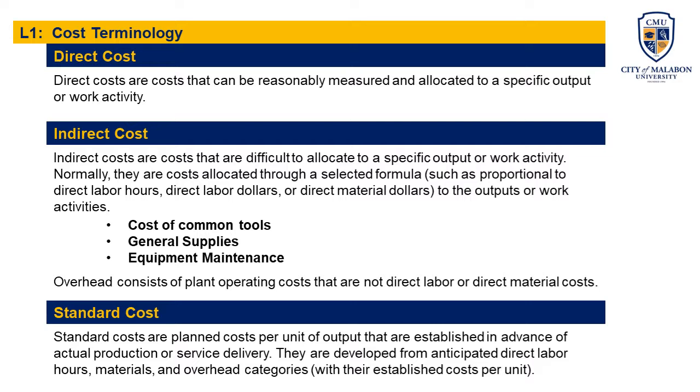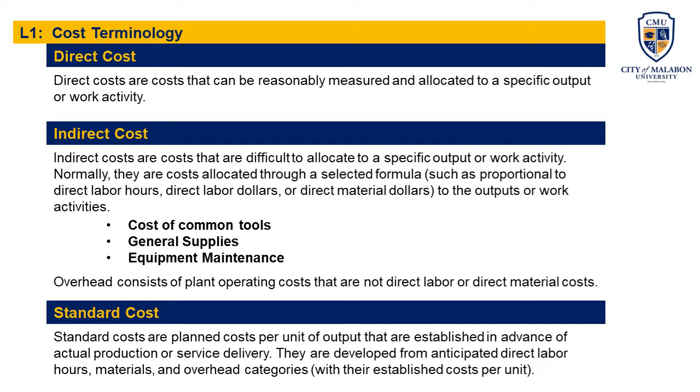Direct costs are costs that can be reasonably measured and allocated to a specific output or work activity. For example, the labor and material costs directly associated with a product, a service, or a construction activity are what we call direct costs. For example, the materials needed to make a repair of scissors would be a direct cost.